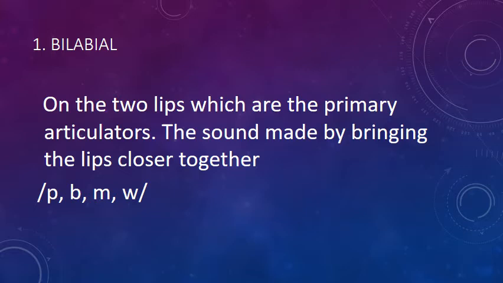So what are the bilabial sounds? They are p, b, and m. By pronouncing those phonetic symbols, you will know that your lips are closer together or even closed together.